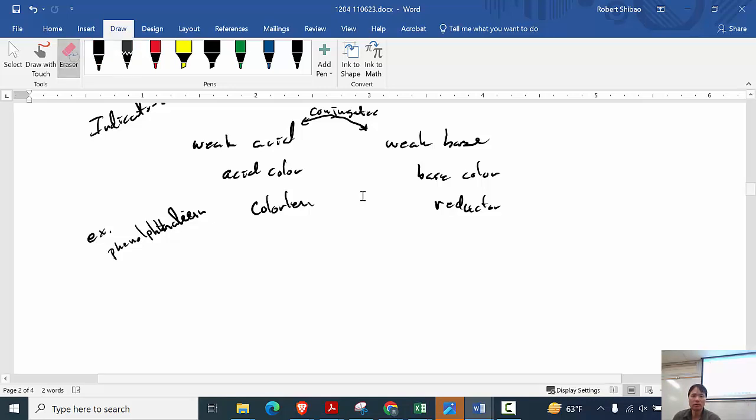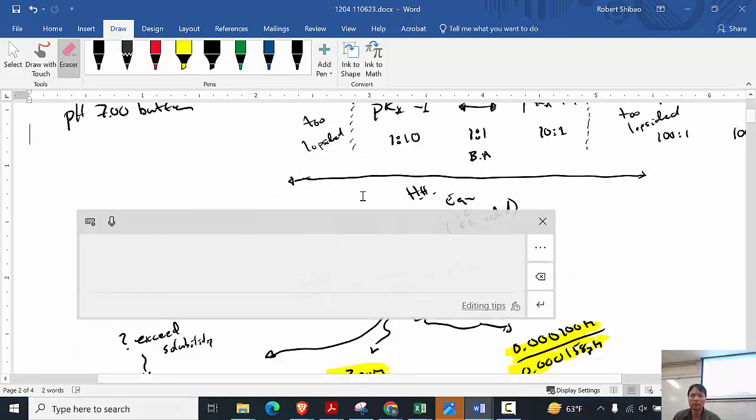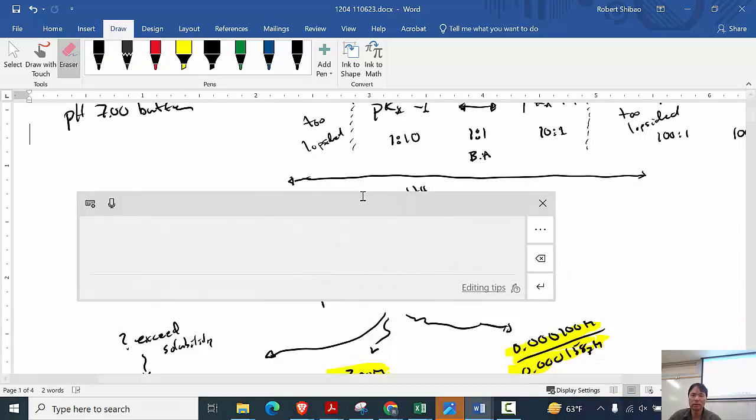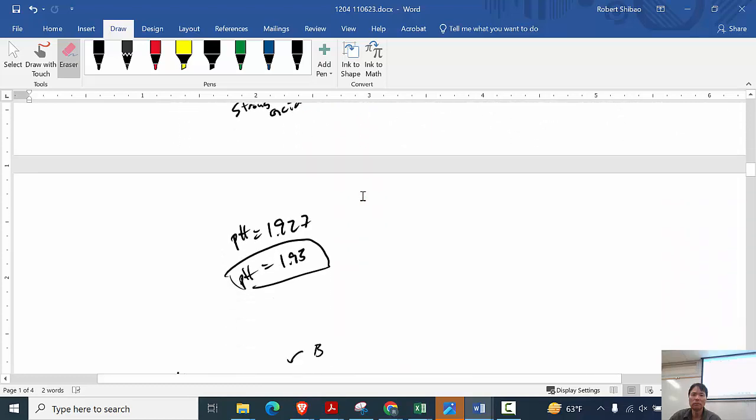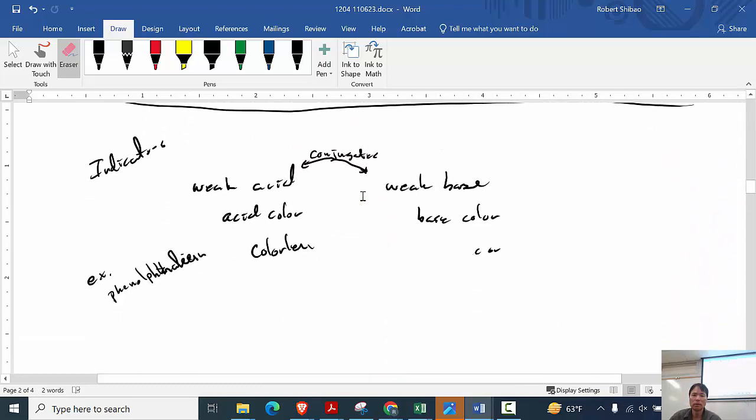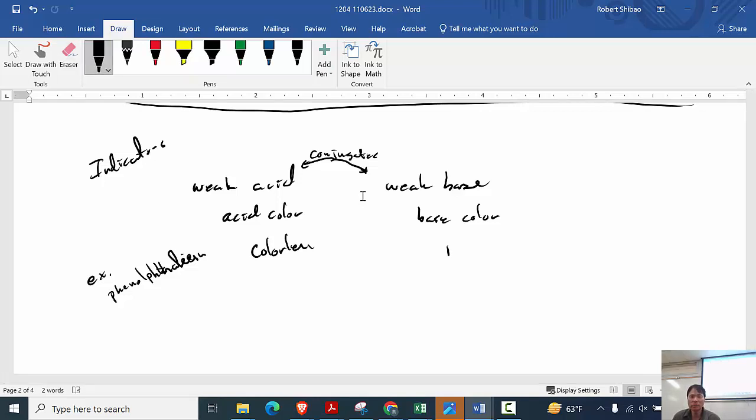Right there, red. This should be just red. So the acid color is colorless, and the base color is red. But what's going to happen is we're going to transition.